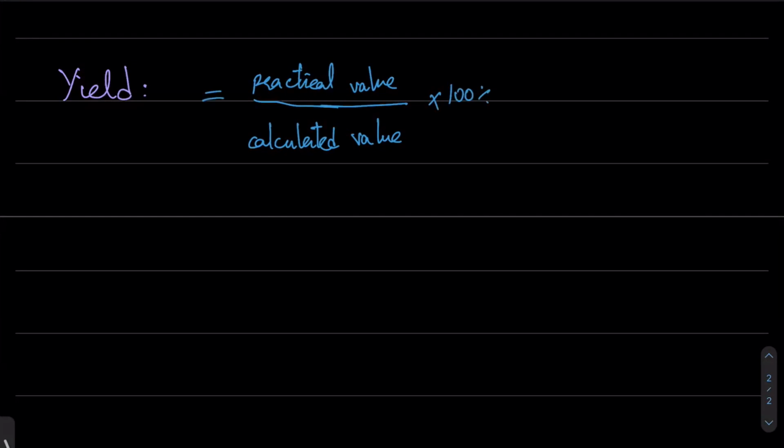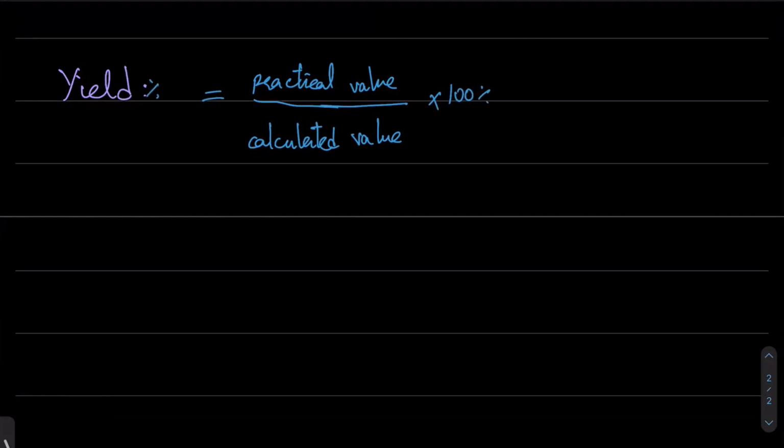So you are getting 70 where you wanted to get 100. Your yield is 70%. It is the practical value over the calculated value. This is also called theoretical value. Calculated value times 100%, that is your percentage yield.